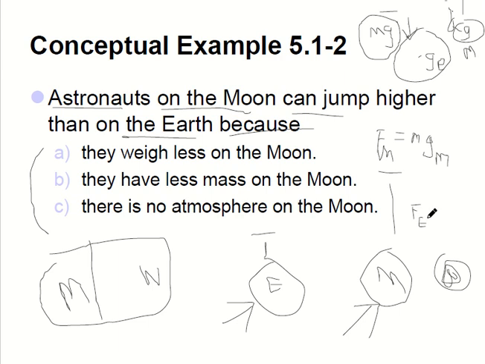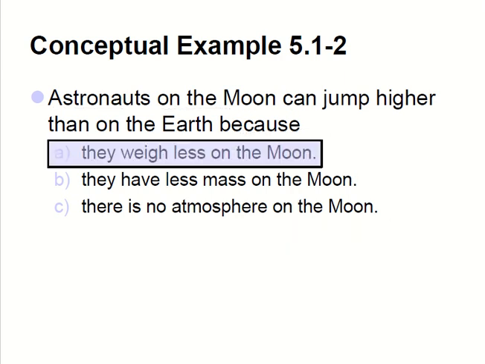Of course, you usually write it with the W symbol, so we can write W with a little E here and W with a little m there. So the weight is actually less than your weight on the Earth. All right, so the answer is this one.